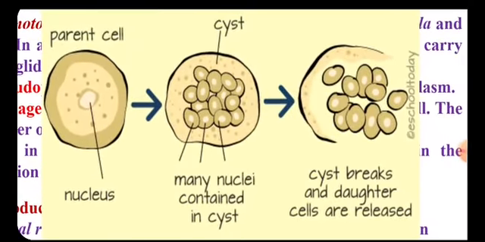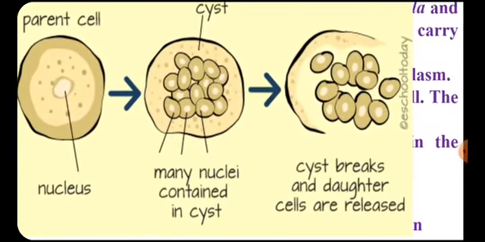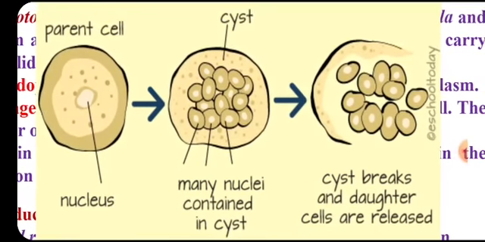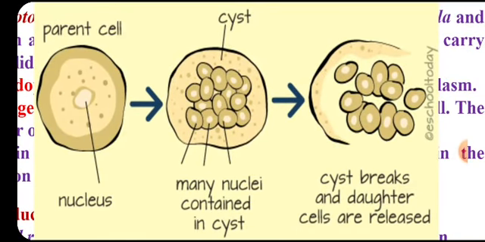So as we can see in this diagram, which is showing multiple fission, extreme left is a parent cell, that is a protozoan cell, which contains a single nucleus. Whenever this division occurs, this nucleus divides multiple times by the method of mitosis, as we have seen, and it leads to the formation of several nuclei.